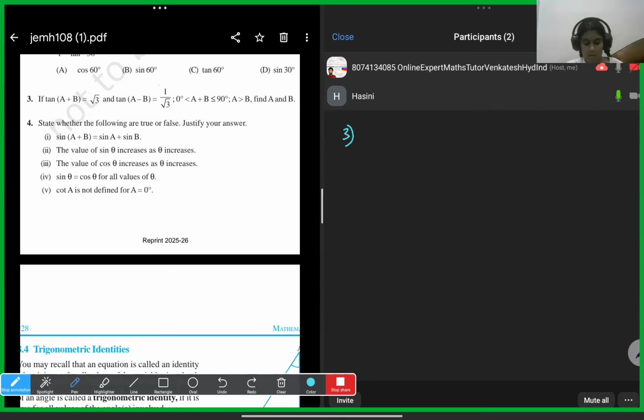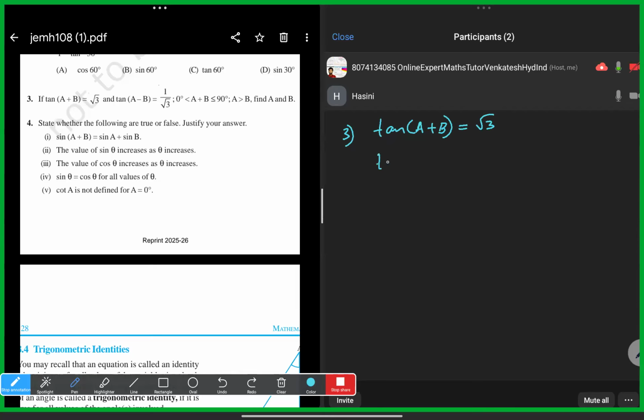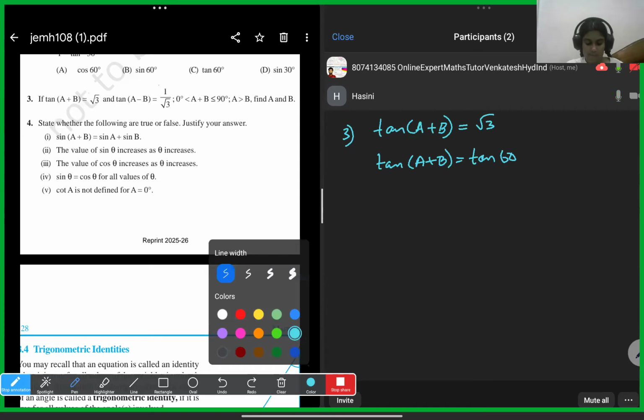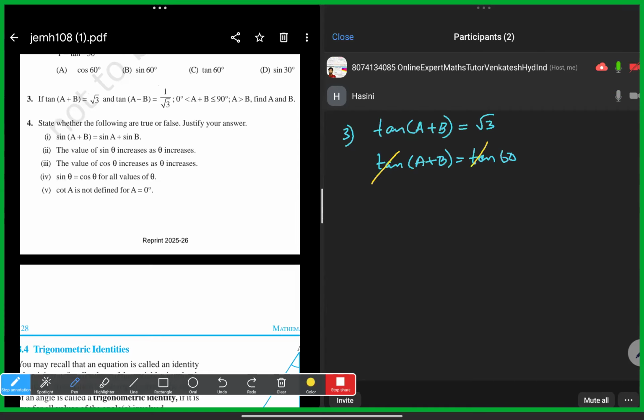So given tan a plus b, Hasni, is equal to how much? Root 3, correct Hasni? Yes, sir. So tan a plus b, can I write in the place of root 3, tan 60? Yes, sir. So both sides tan we should not cut like this, Hasni, because it's not multiplication.